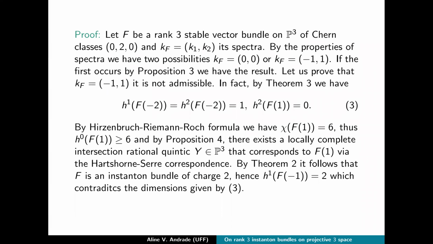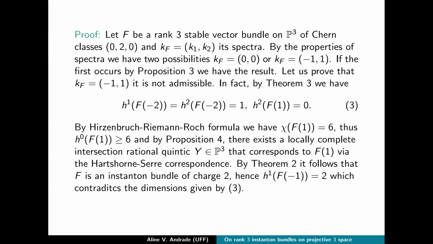We have the possibility that the spectrum will be {0, 0}, or will be {-1, 1}. So it's by one of the first propositions that I showed you. If the first occurs, we have our result. So let's try to see that {-1, 1} is not admissible as a spectrum for our rank 3 stable bundle on P3.